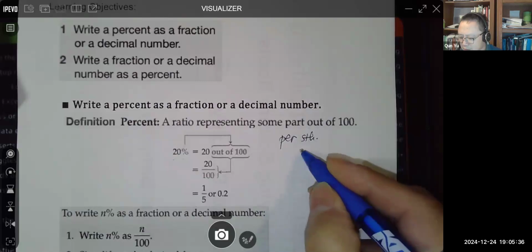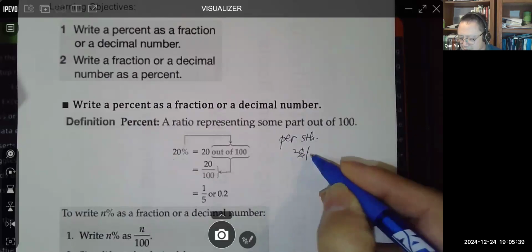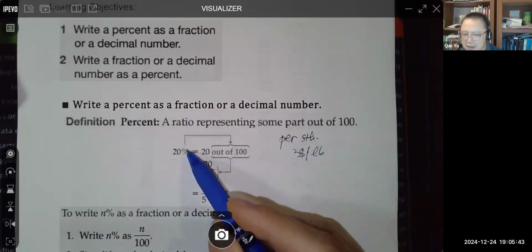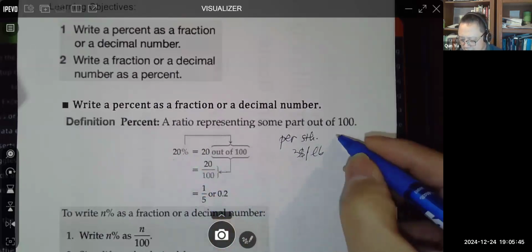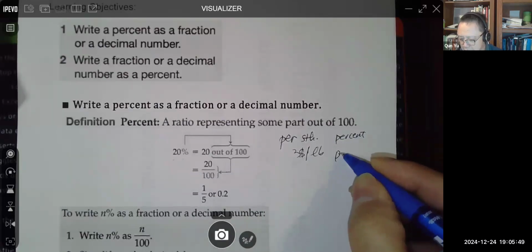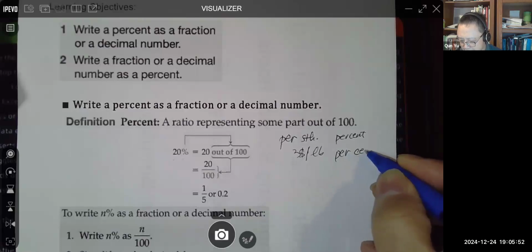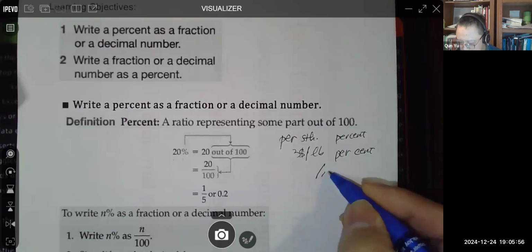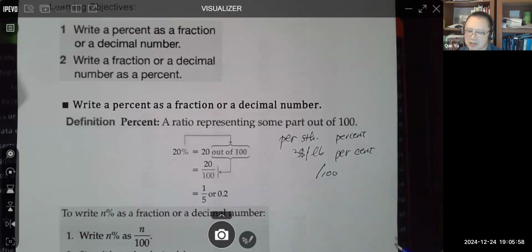Say $3 per pound, right? Pound on the bottom. And here we have a percent. Cent means 100. Percent literally means per cent. This is 100, like century. So per 100. So it's very natural, actually.